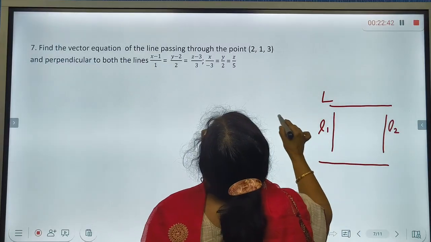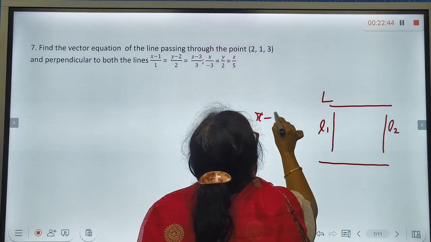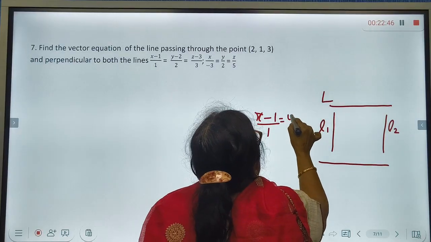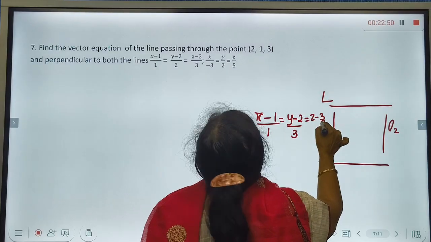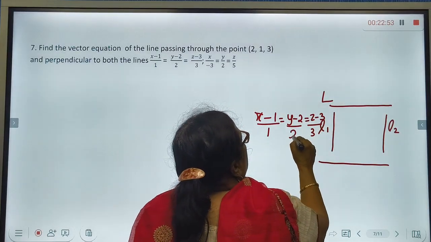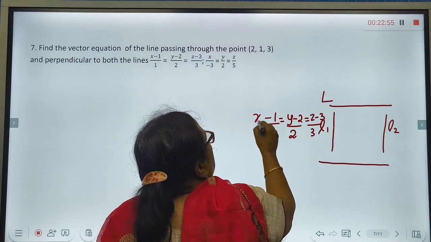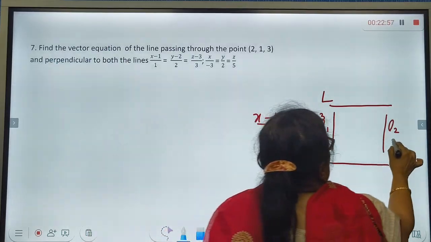What is L1? It is given: x minus 1 by 1 equal to y minus 2 by 3 equal to z minus 3 by 3. What is L2?